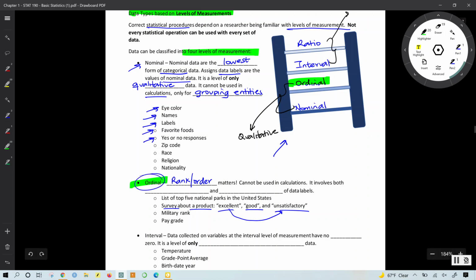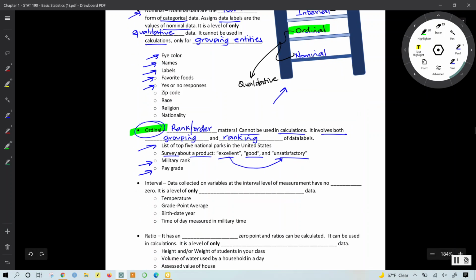Ordinal variables cannot also be used in calculations, and it involves both grouping and ranking of data labels. So, for example, if we write the list of the top 5 national parks in the United States, the data collected on that would involve a natural ordering or a ranking, or a pay grade, military rank, and so on.